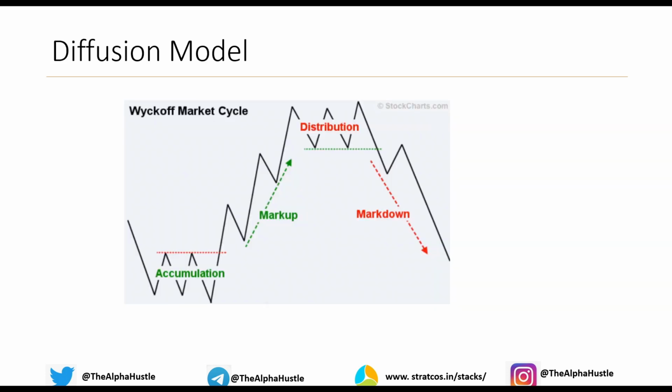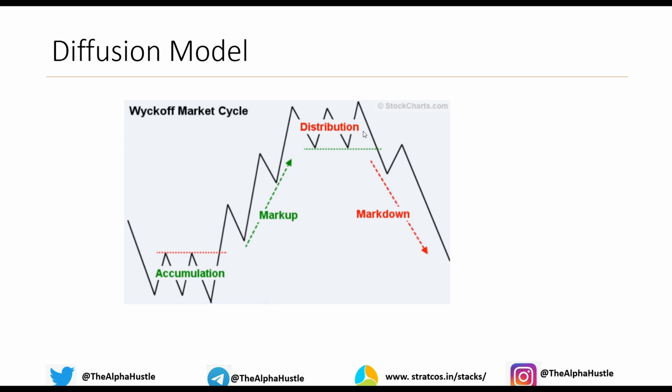Richard Wyckoff beautifully represented this in his Wyckoff market cycle, where accumulation or distribution phases can be attributed to the balance, whereas markup and markdown phases are an imbalance move. As the diffusion model states, innovators and early adopters enter the balance phase where they either accumulate their long positions or distribute their long positions.